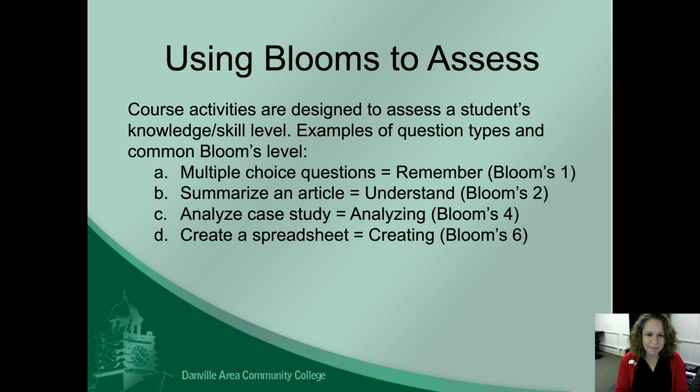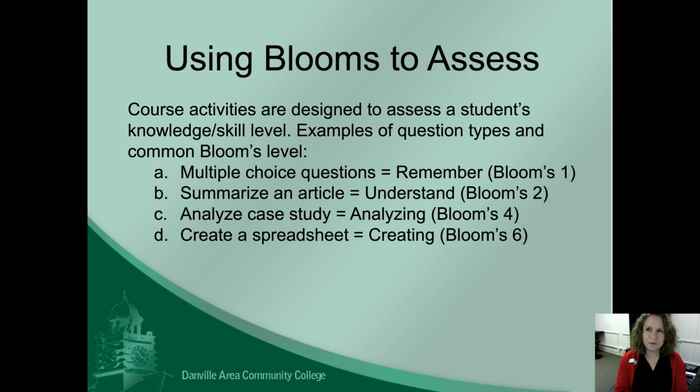So these are the types of things that a student would be doing in class that would represent different Bloom's levels. And a multiple choice question can be made more difficult so that it gets to other levels of Bloom's. But if it's pretty much just a question that asks the students to remember a fact and find it, that would be a Bloom's level 1.